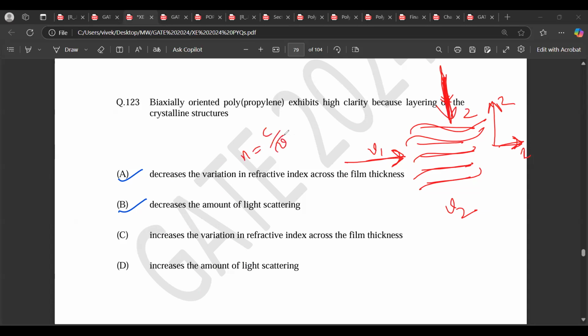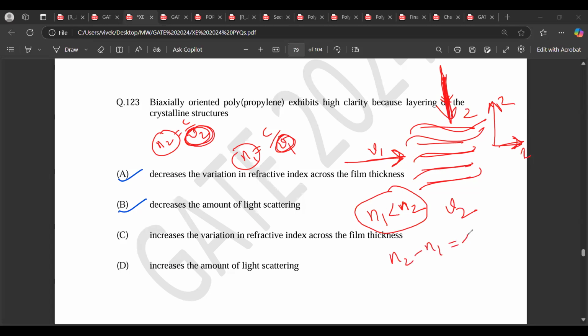If velocity is higher, n1 will be lower, right? And if velocity is low, n2 will be higher. So there will be a difference in refractive index. The difference is called birefringence. This quantity is called birefringence.